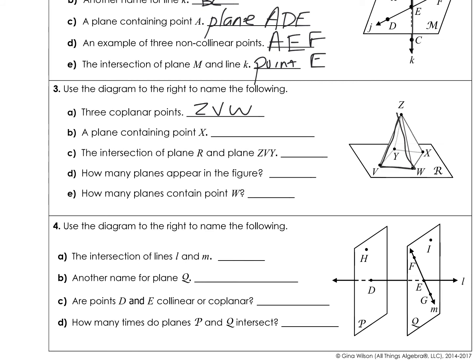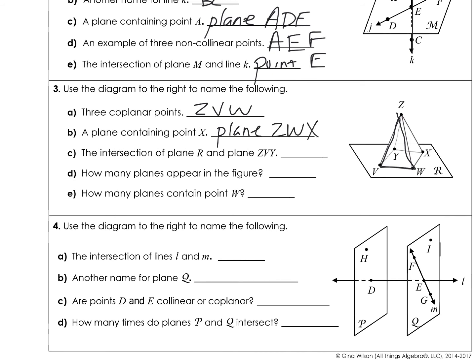Okay. A plane containing point X. Well, we could use the right side of this pyramid, ZWX, or we could use the base of the pyramid, VYXW. Plane containing, I'm going to use the right side of the pyramid, ZWX. See, plane ZWX.